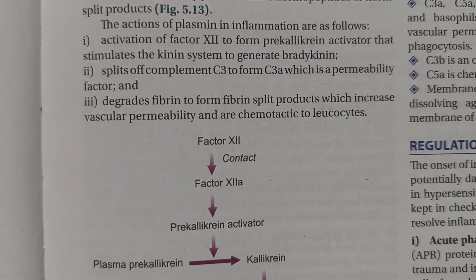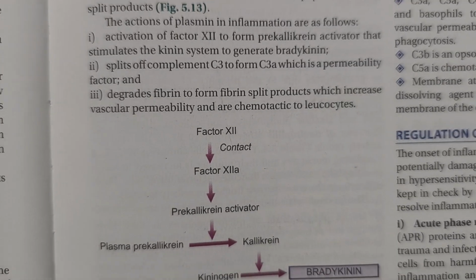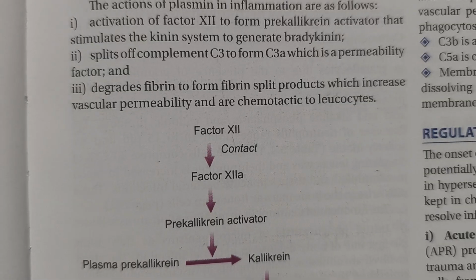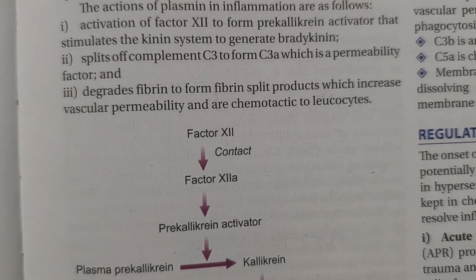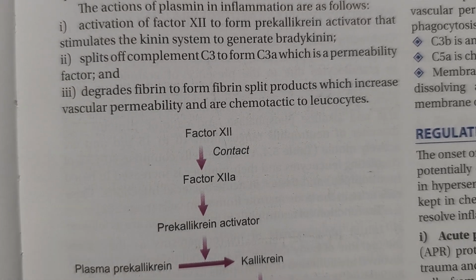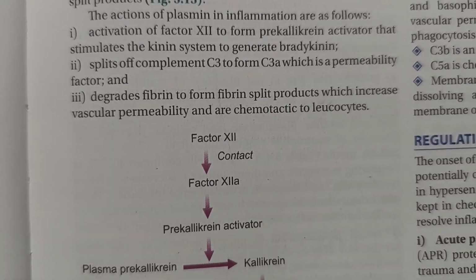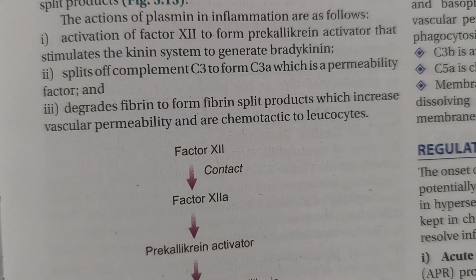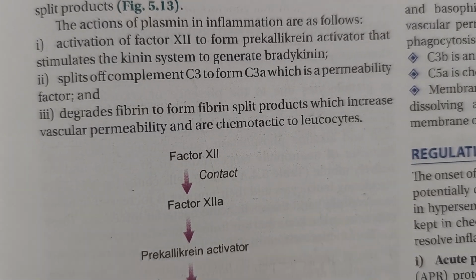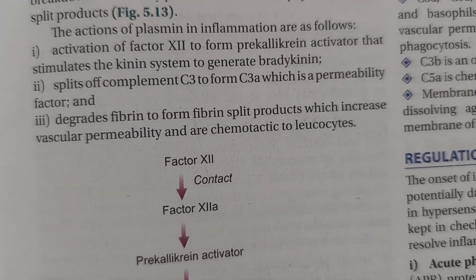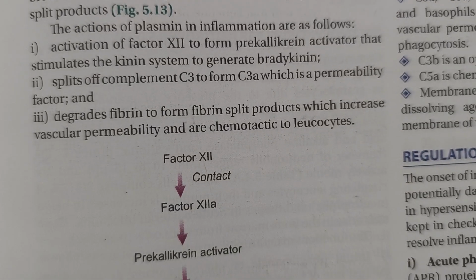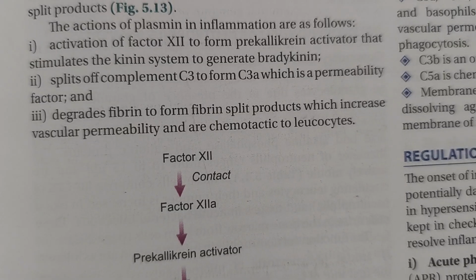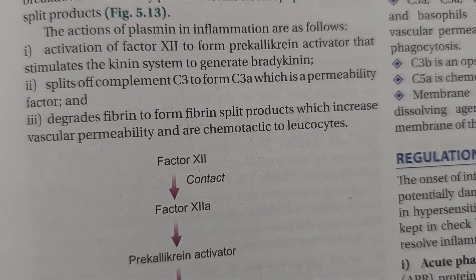The actions of plasmin in inflammation are as follows. First, activation of factor 12 to form the prekallikrein activator that stimulates the kinin system to generate bradykinin.